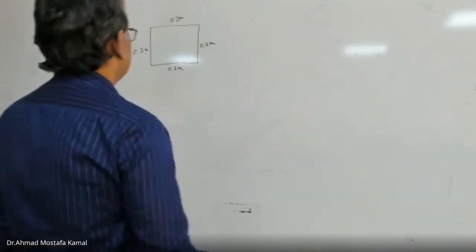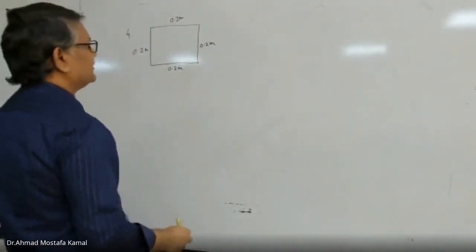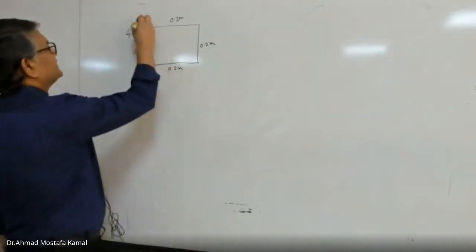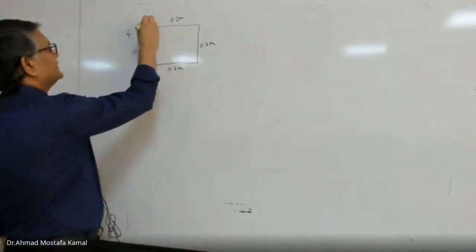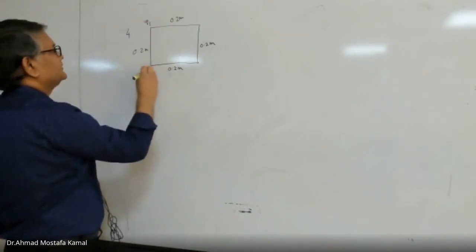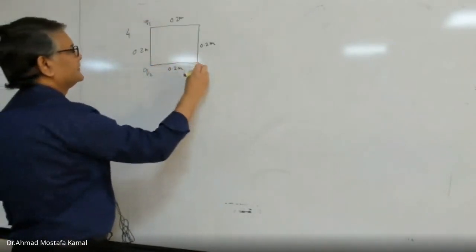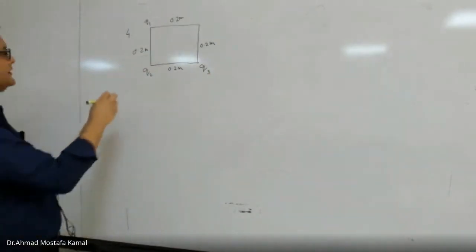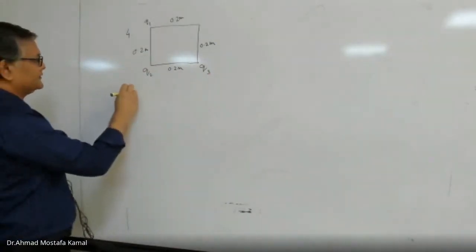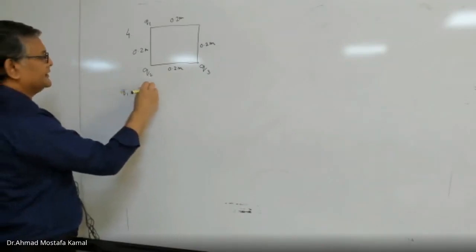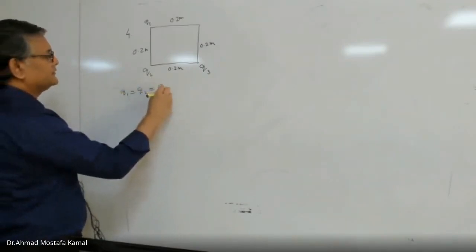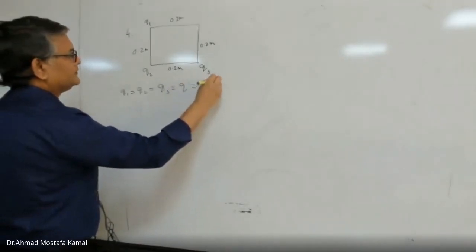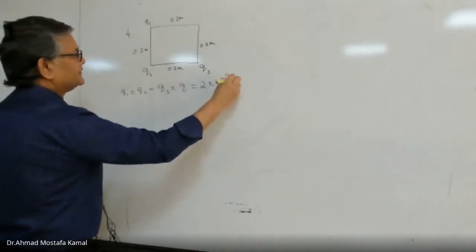Then there are 3 charges in 3 corners. All of them are equal, but to differentiate them for our convenience, let us call them Q1, Q2 and Q3. Let me write down, but we should not forget that they are equal. Q1, Q2, Q3 equal to Q, which is given as 2 into 10 to the power minus 9 coulomb.